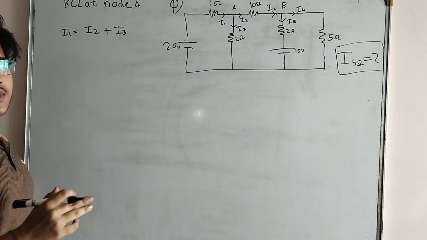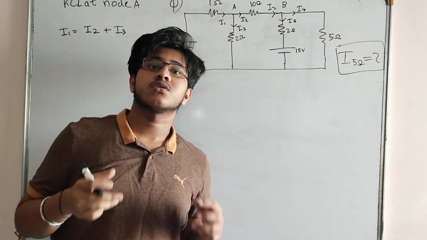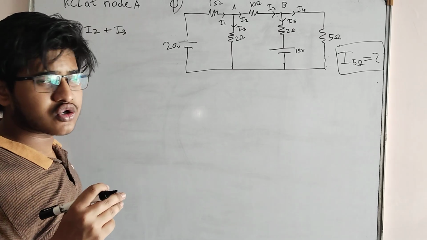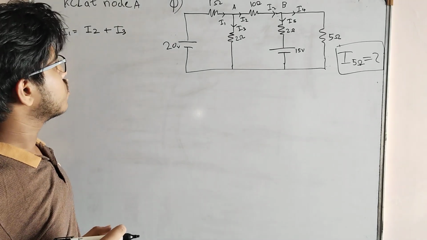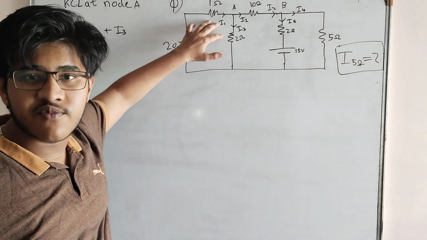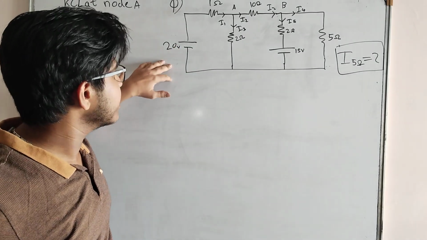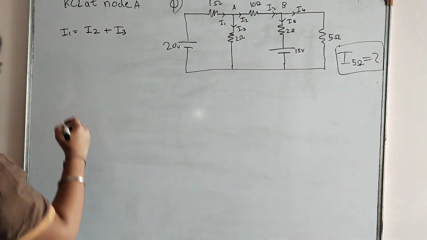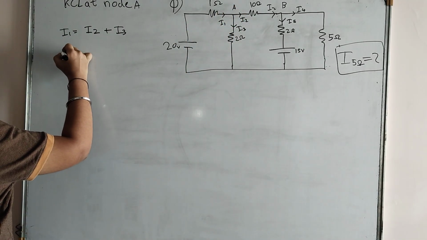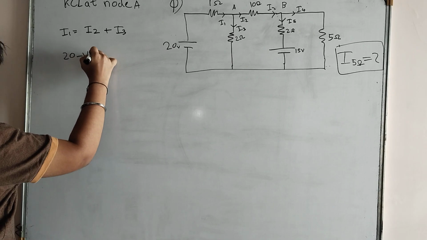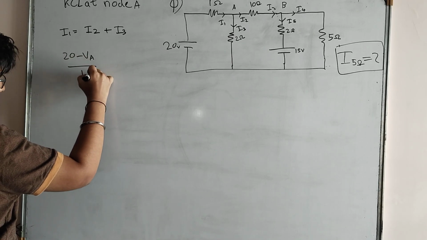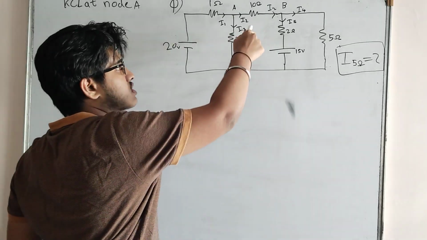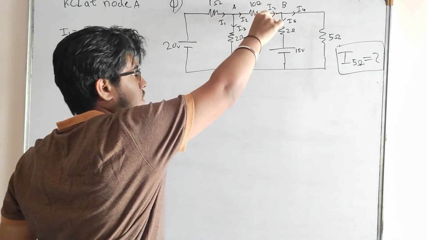You all might be aware of the concept of voltage drop across a resistance. By Ohm's law we know that current is voltage drop upon resistance. So for the resistance of 1 ohm, what is the voltage drop? It is 20 minus VA. Okay, this is VA volts. So I1 is the voltage drop, 20 minus VA, whole divided by 1 ohm, is equal to, now I2 is flowing through a resistance having a value of 10 ohm.